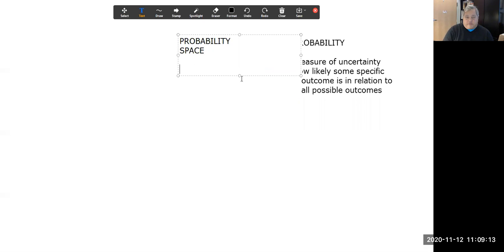And a probability space is a complete list of all possible outcomes, including repetitions. Or something called an event.